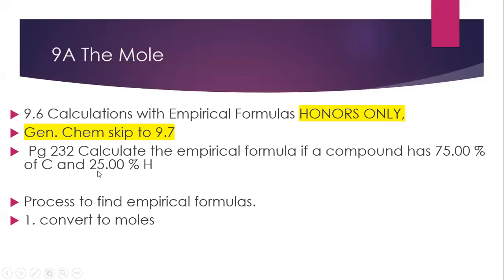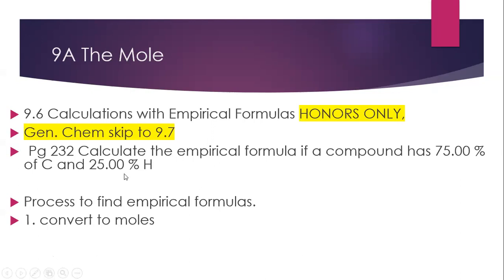These are given in percentages, 75% and 25%. You could automatically just write them as grams. I know Melissa told you that in the video. So we've got 75 grams, 25 grams, 100 grams total. It's always easier to think of things in whole, 100%, 100 grams, because it makes it very easy.